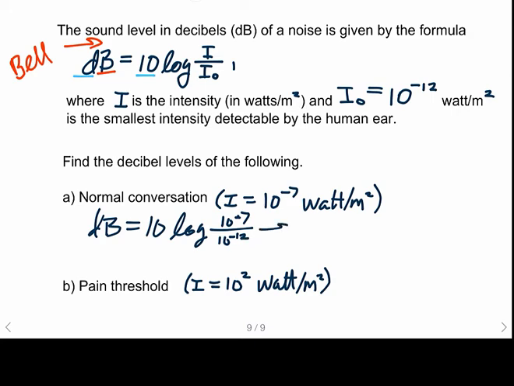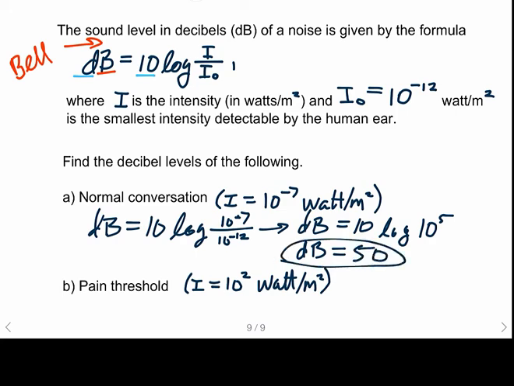Well, that becomes that the decibel is equal to 10 times the log of, using our exponents, we're going to end up with 10 to the 5th. And so what we'll find here is that the decibel level is, if we put that into your calculator, 50. So normal conversation, decibel level of 50.